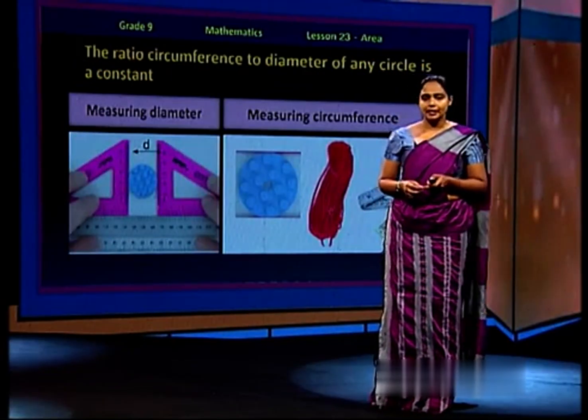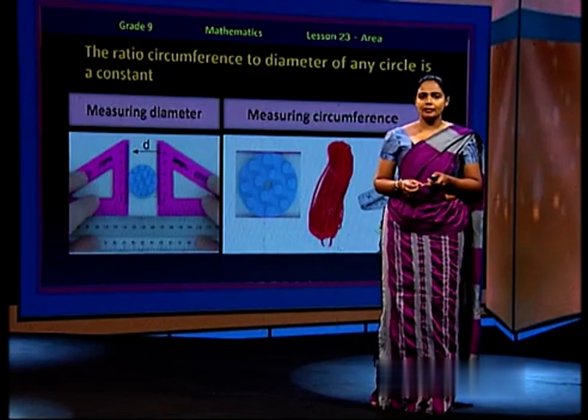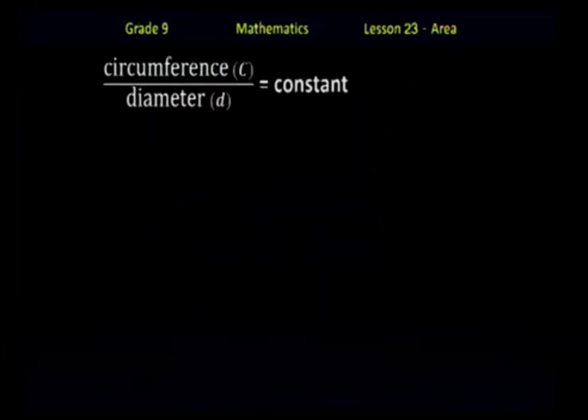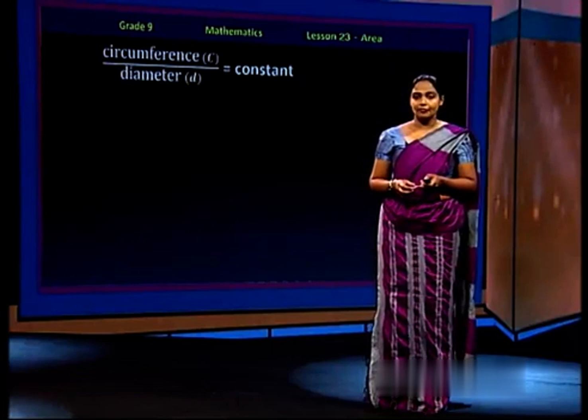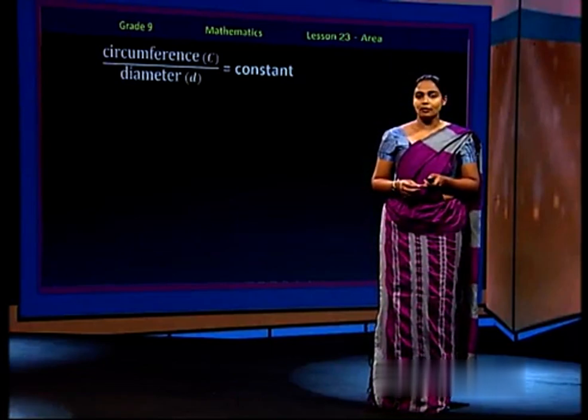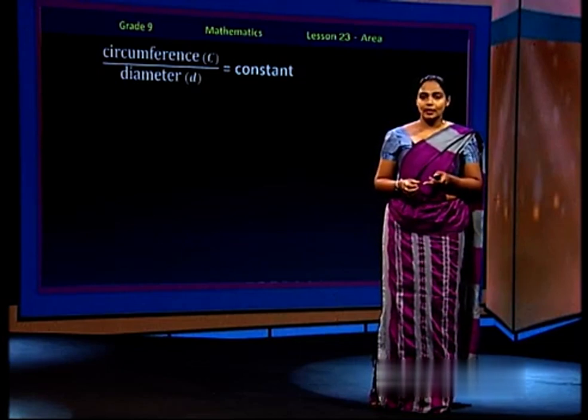Now we are going to find out the ratio of circumference to diameter. How can we write down a ratio as a fraction? Now look at this one. Circumference is divided by diameter. If you are doing the activity, measuring the circumference and diameter of a solid circular object, then you can get a constant.